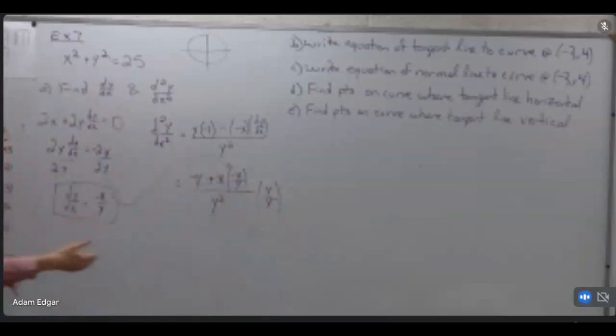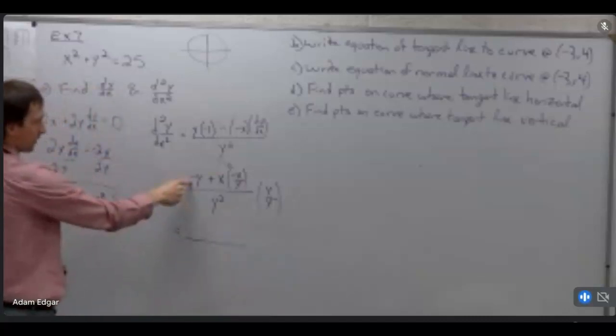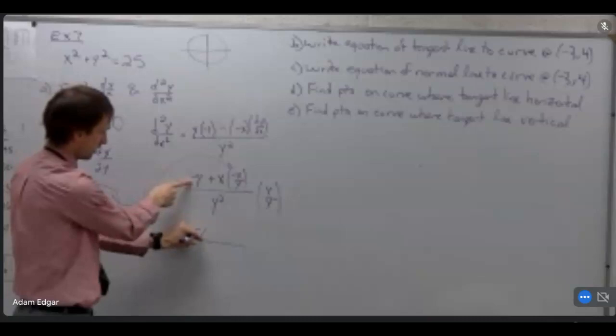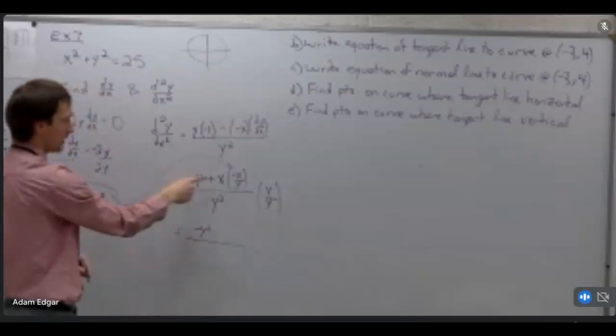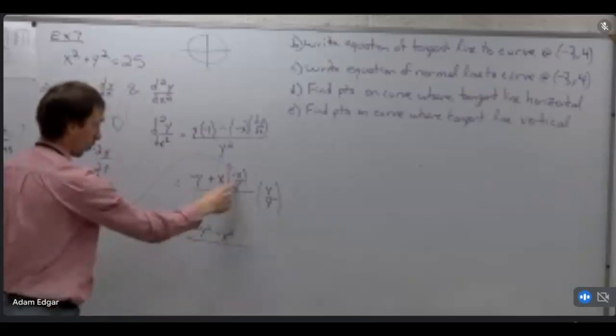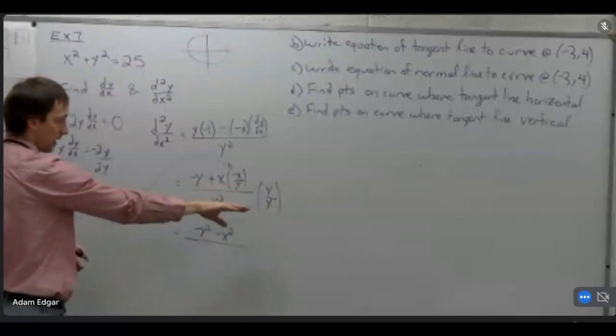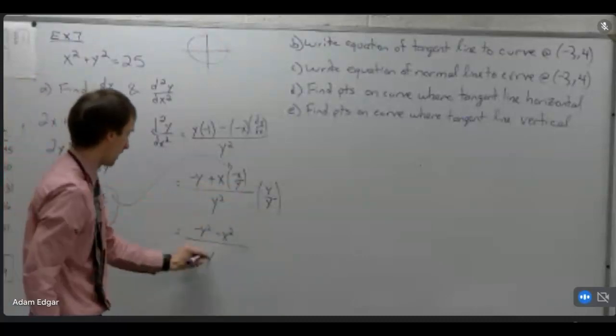So when you multiply through by fancy 1, the first half of the numerator becomes what? Negative y squared. X times negative x is negative x squared. The y's cancel out. That's why you multiplied by y, so you don't need to worry about that mini denominator. And downstairs we have y cubed.